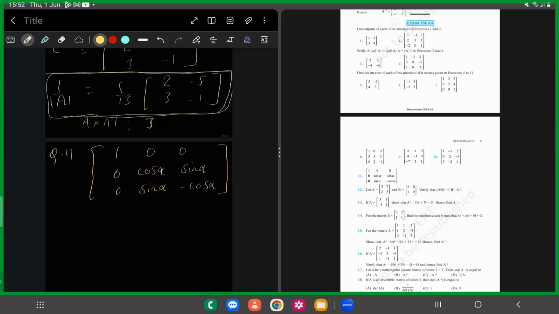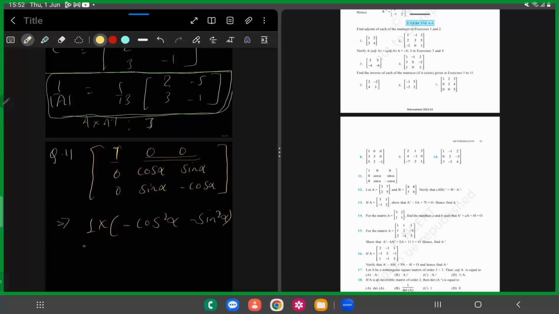Yeah, so if we quickly find the determinant of this matrix, let's expand along this row. These two terms are 0, so we just need to find the determinant from this term only. So this will be 1 into minus of cos square alpha minus sin square alpha.